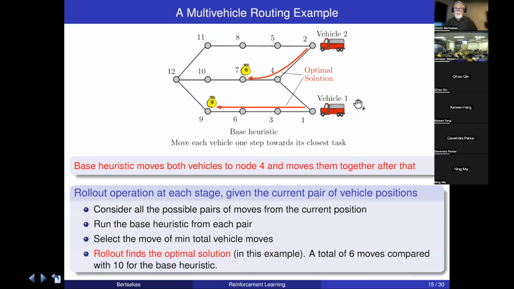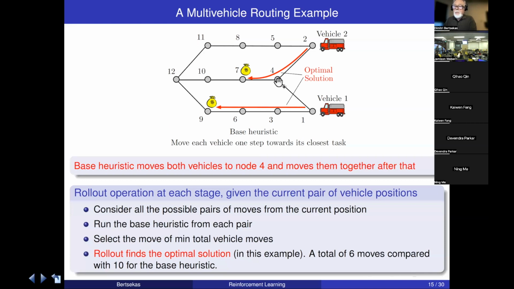Hello. So I wanted to ask, in this case, when it says that the rollout finds the optimal solution. I believe that at the initial position, when it considers the pair where vehicle 1 moves from 1 to 3 and 2 from point 2 to point 4, that's the correct thing to choose.